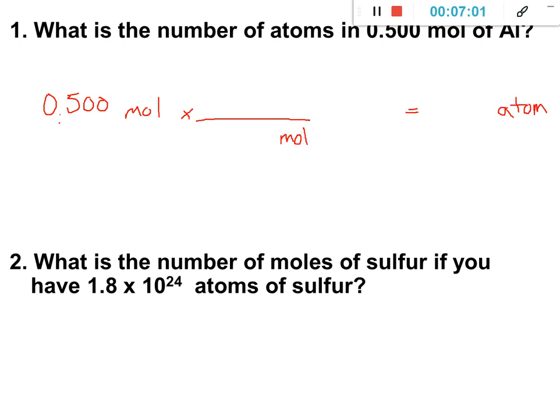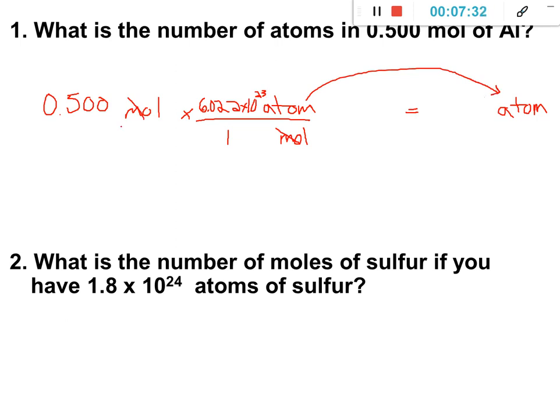So when you multiply your quantity by that, the units of moles will cancel out, and we want to convert to units of atoms, and we know the ratio is that 1 mole has 6.022 times 10 to the 23 atoms in it.